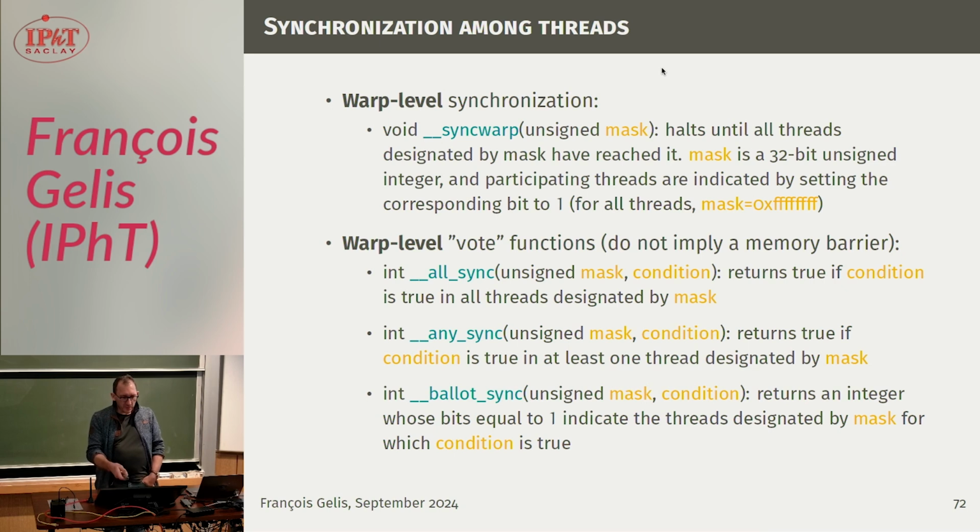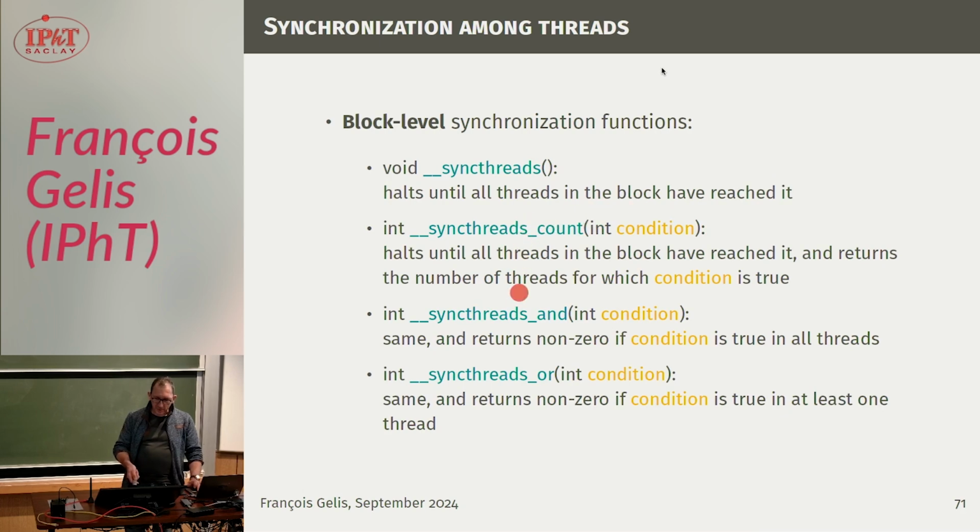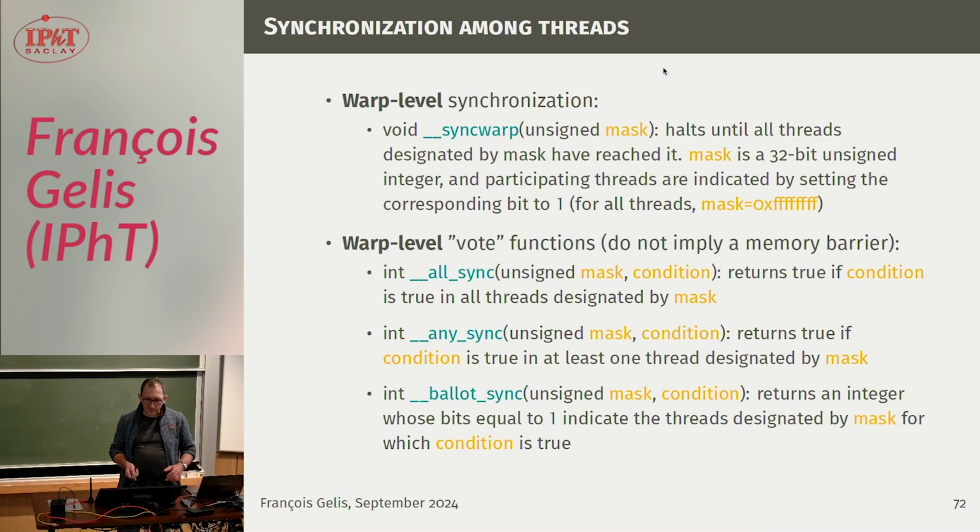And then there are other functions which can do pretty much the same as these functions here, but for the smaller groups of 32 threads. The first one is testing whether a certain condition is true for all the threads in the warp. And again, there is this mask, which specifies which threads you take into account when you do this. You don't have to use all 32 threads.